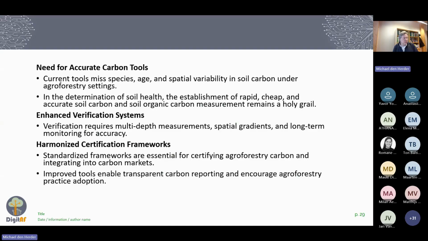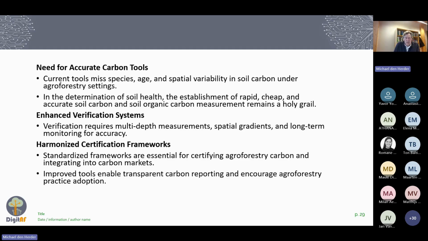Then some conclusions. There were not so many soil health assessment tools, and there's still a lot to improve in this tool development.